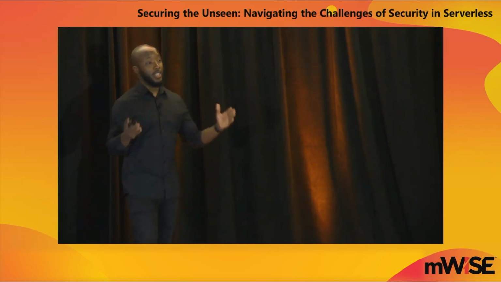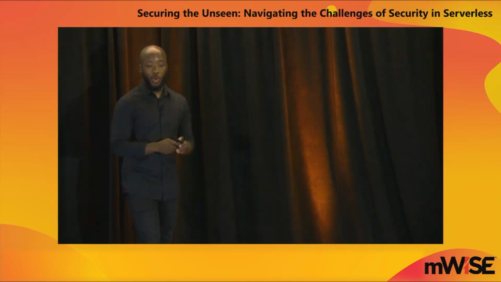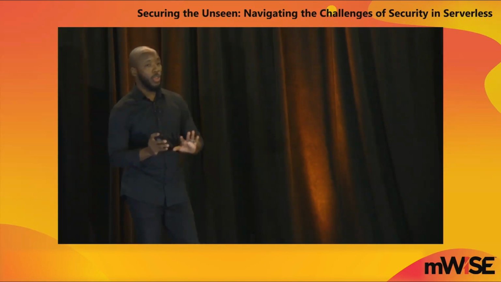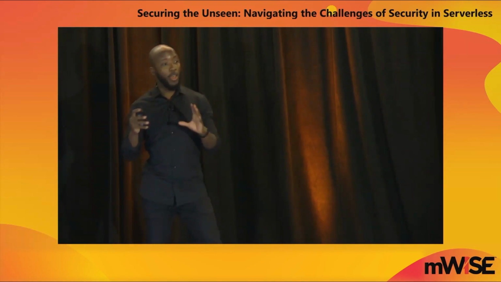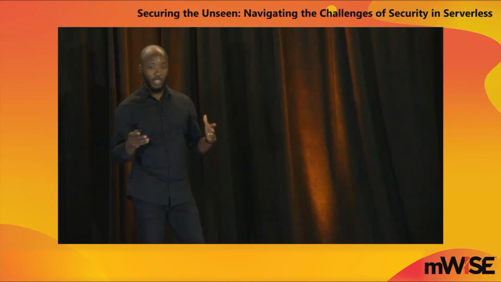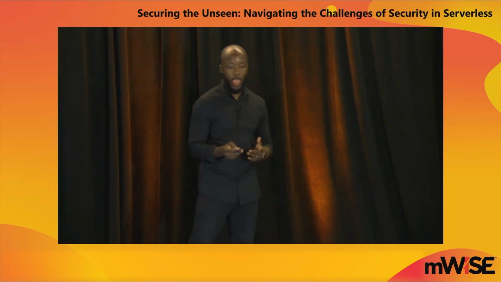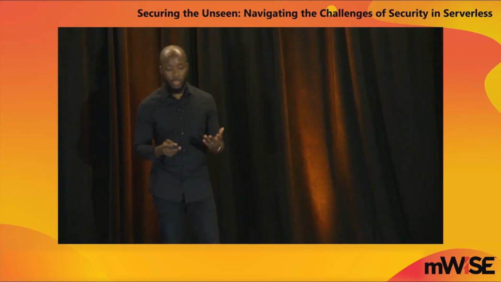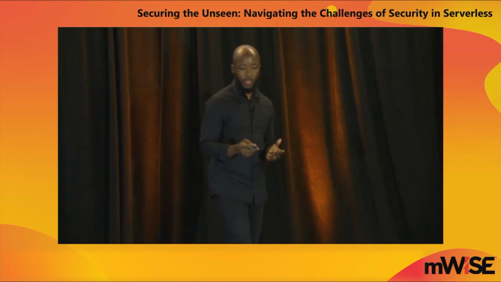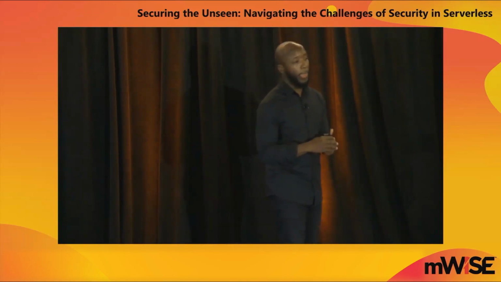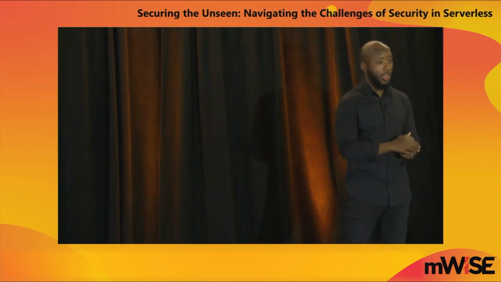I think the biggest difference here is now the problem spreads to not just your application, but other applications that are using the same environment, right? So let's say you happen to be running a serverless environment and you have allowed yourself to be vulnerable to this attack where someone can see all of the information for your AWS account, right?